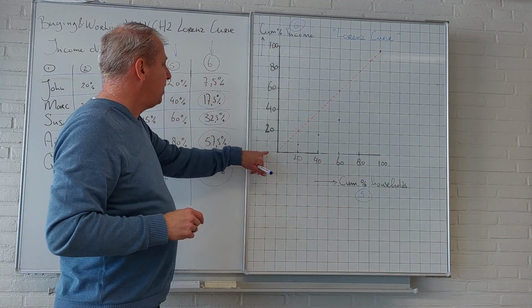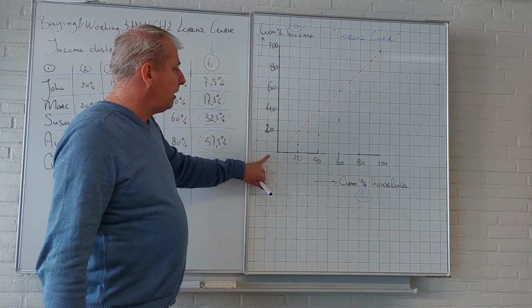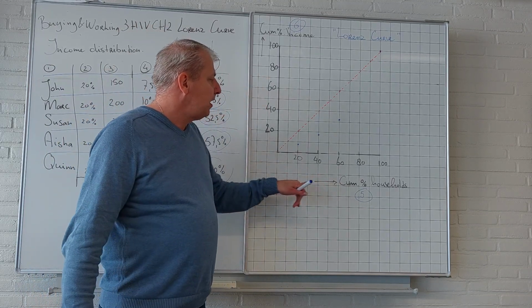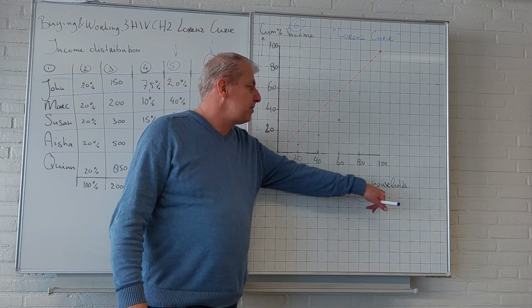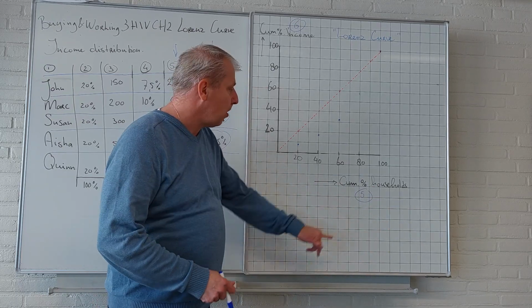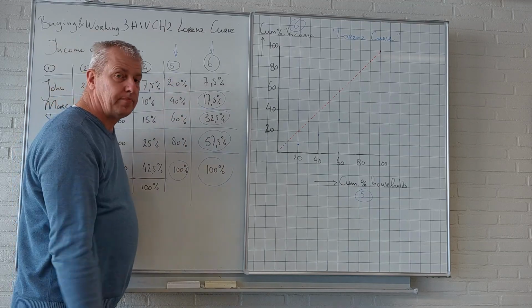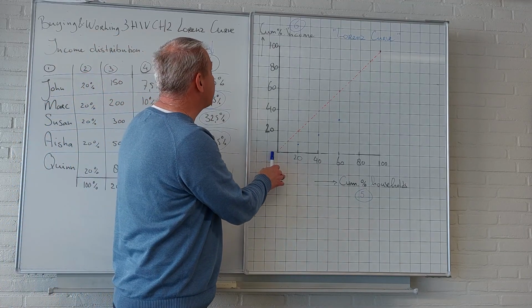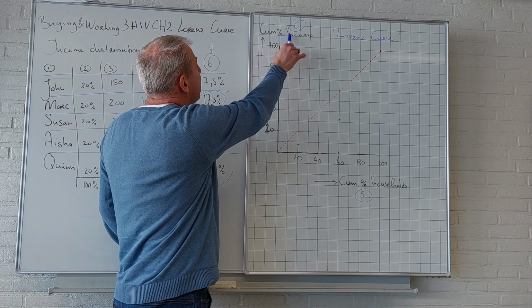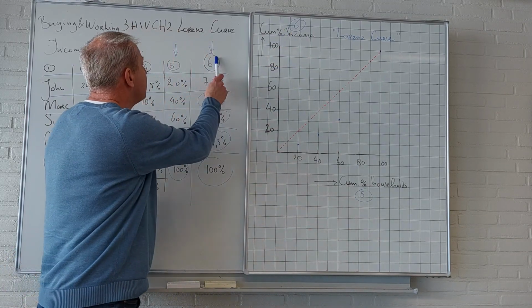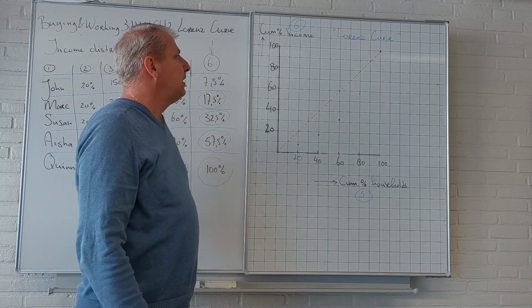Now, these two you are going to need in order to draw the Lorenz curve. So, I prepared one here for you, and in the horizontal axis, you say the cumulative percentage of the households, which is column number 5, which we wrote down here. On the vertical axis, it says cumulative percentage of the income, which is column number 6, which we wrote down here.